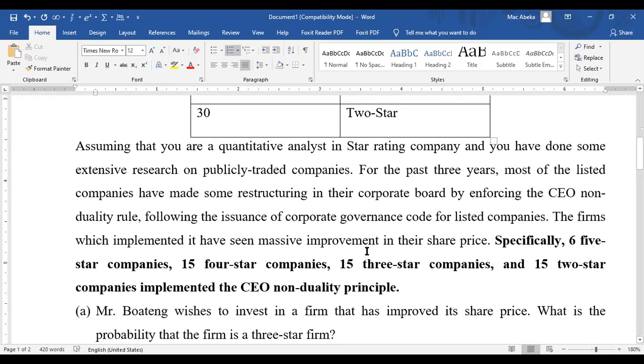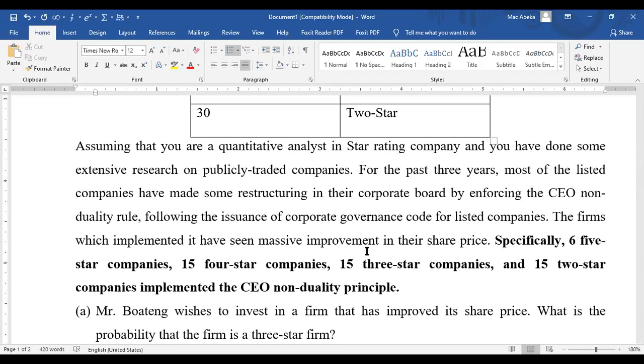The firms which implemented it have seen massive improvement in their share price. Specifically, 6 5-star firms, 15 4-star firms, 15 3-star firms, and 15 2-star firms have implemented the CEO non-duality rule.